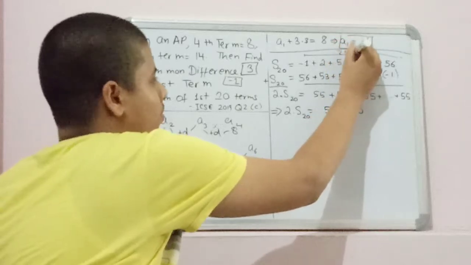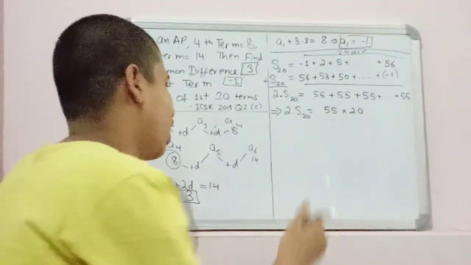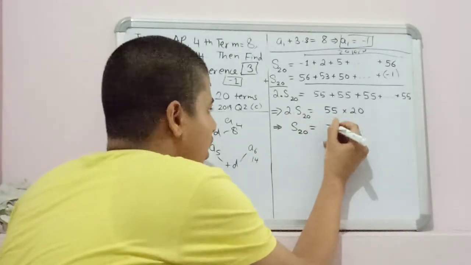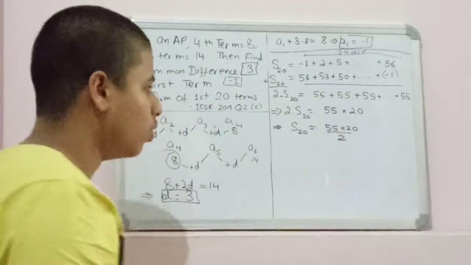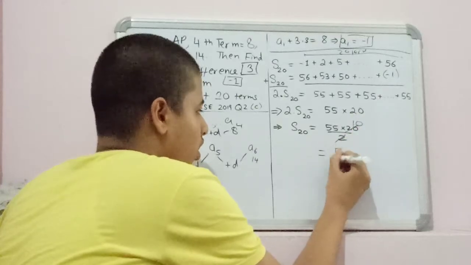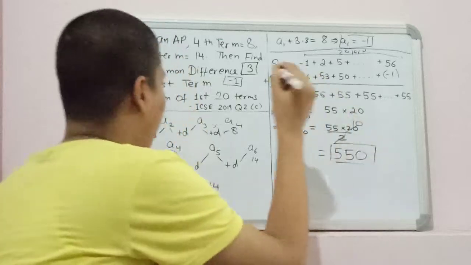There still are 20 terms because it did not cancel anything. Which means that S sub 20 is 55 into 20 over 2. Dirty cancellation. That's 550. We found the answer.